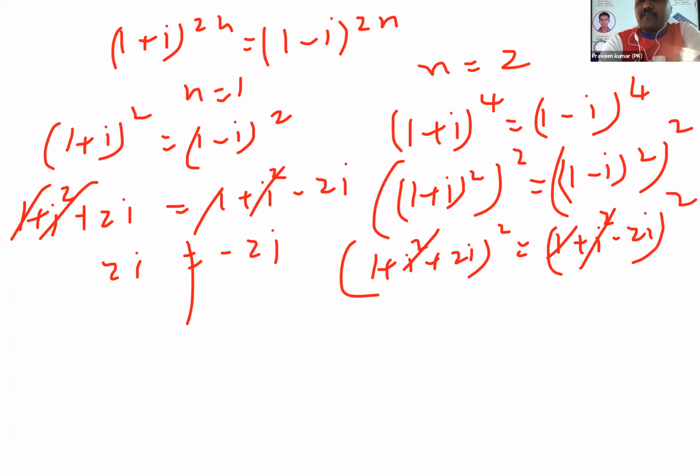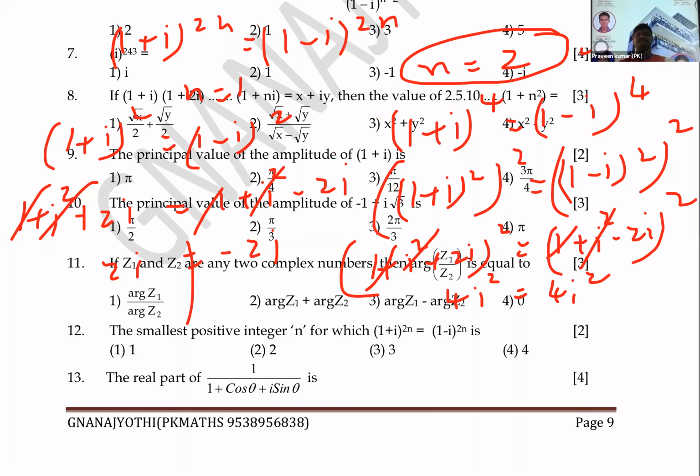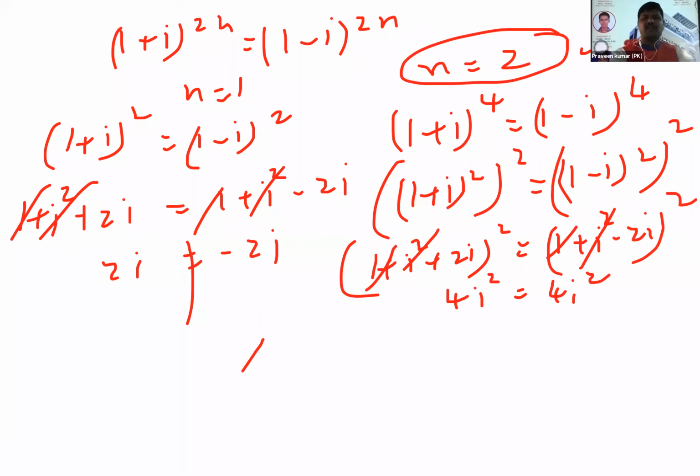I square 1 and i square 1 cancel, so 4i square equals 4i square. Equal now. So n equal to 2 is the right answer. Which option? Second option. You understood what I am speaking? If I substitute 1, both are not equal; if I substitute 2, both are equal. Therefore n equal to 2 is the right answer.